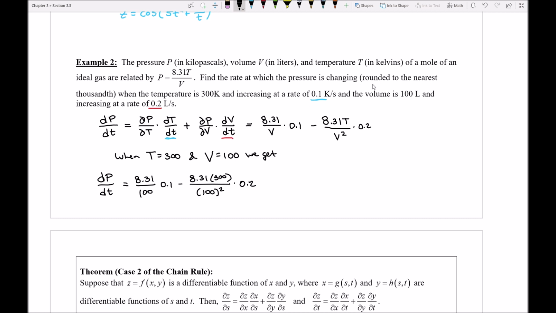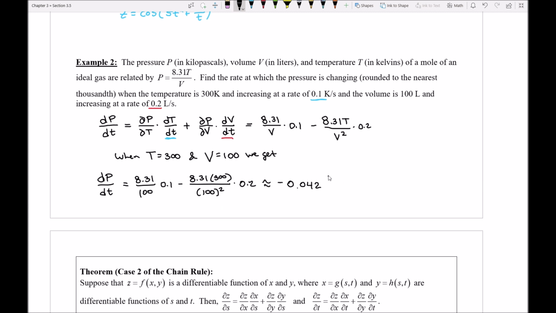Now, of course, this is pretty messy, but if you had a calculator, you can go ahead and crunch this out. Like the question states, I'm going to go ahead and round my decimal here to the nearest thousandth. So if I do that, I think I end up with something like negative 0.042. And the units on here should be units of pressure over time.